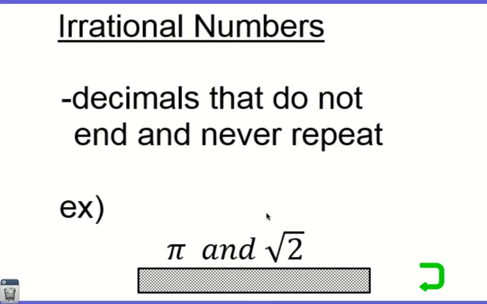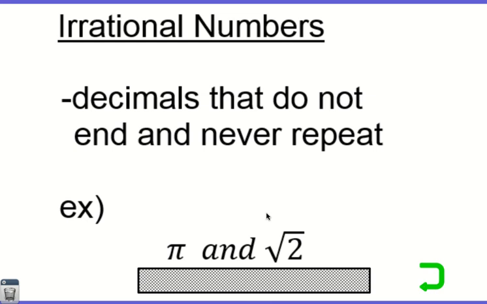There's a question. Will any square root be irrational? Think to yourself. The answer is no. Why? Can you think of a square root that's actually rational? I hope so, because think of the square root of 4.